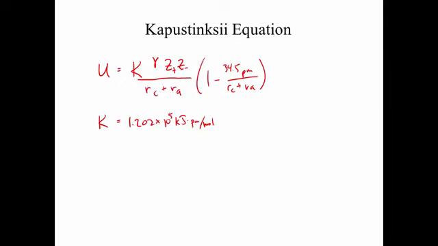Again, the Z are the charges on the ions. Gamma is the number of ions in the formula unit, and the ionic radii we're going to select for coordination number 6.